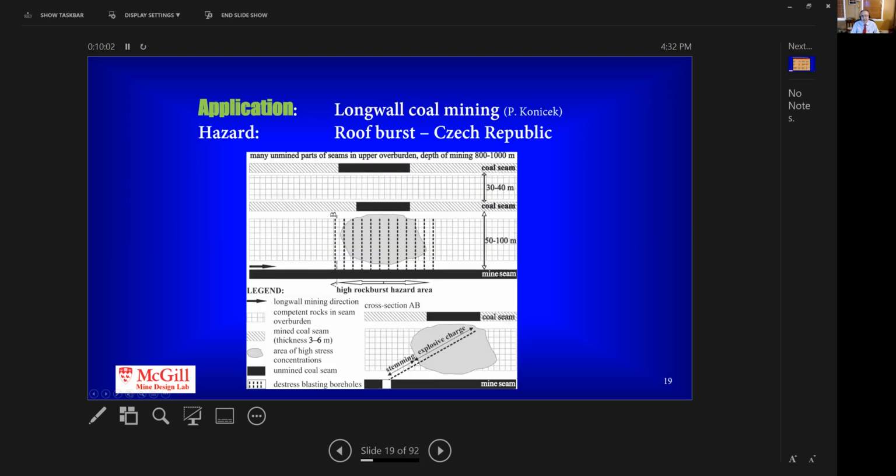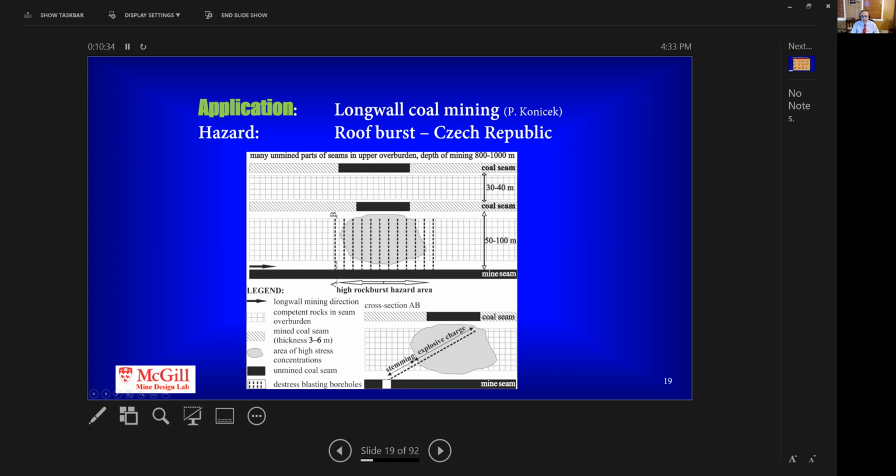Another completely different application, in coal mining, although it's not the emphasis of this presentation, is the prevention of roof bursts, particularly in competent roofs. In longwall retreat coal mining, as the face advances and the roof is competent, it holds and bends and stores a lot of strain energy.